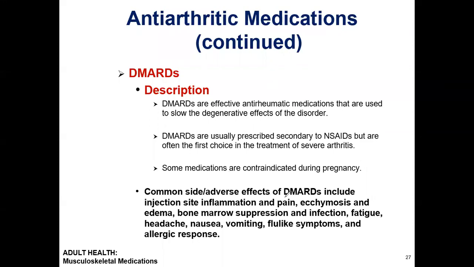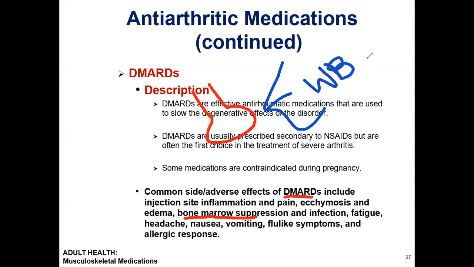So these agents can cause bone marrow suppression, right? And our bone marrow can produce different types of cells, right? So one of the cells is WBC. So when there is bone marrow suppression, WBC production goes down. When WBC production goes down, neutrophils go down, macrophages go down, and these are the two major players to defend against infection.